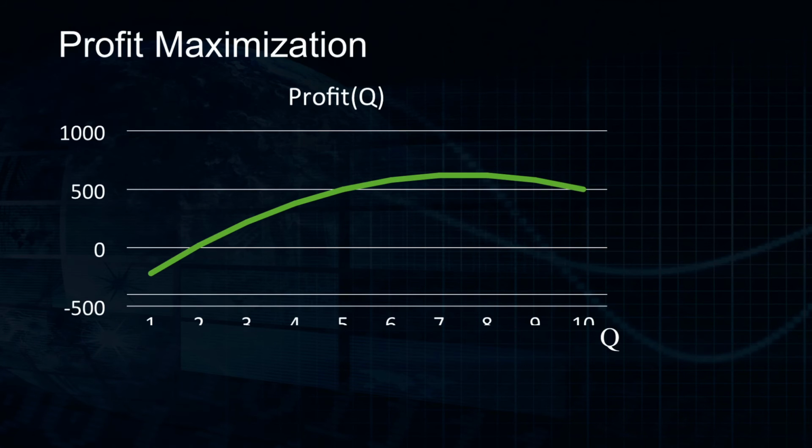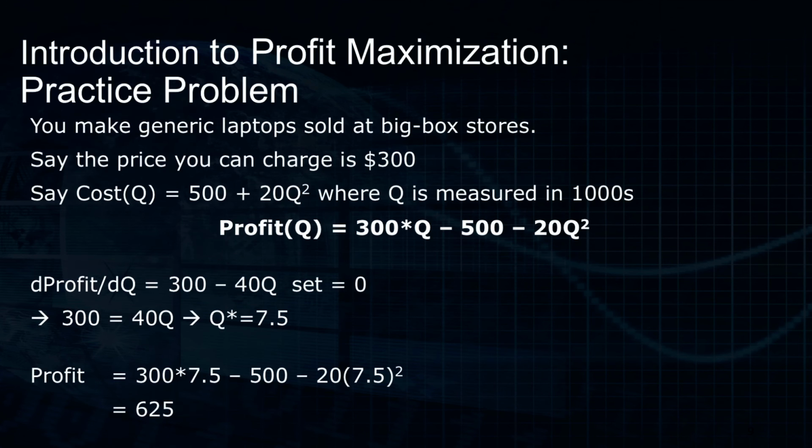Graphically, this profit function looks like an upside down U. We see that we have a maximum somewhere around the 7, 8 point. So a quantity of 7 or 8, somewhere in there, would give us our maximum profit. We can actually calculate what that Q specifically is and how much the profit will be at that point.